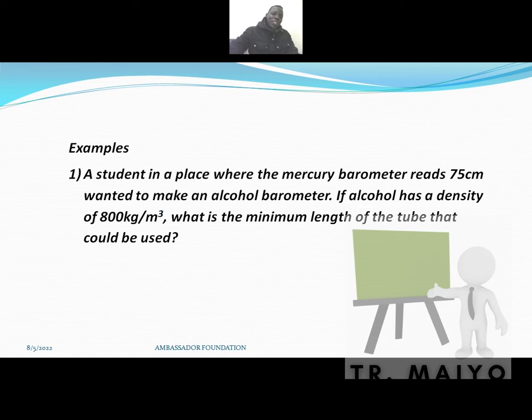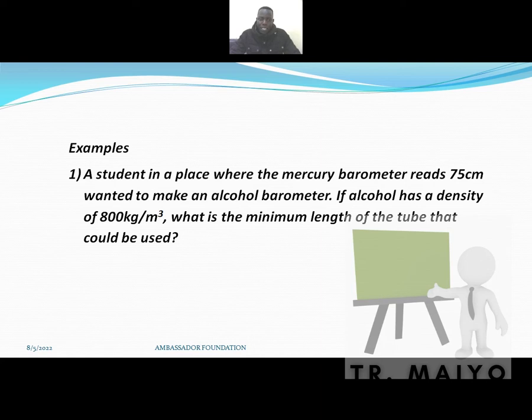And because there was no mercury and any other liquid can function, that person decided that before this alcohol finds another use, let me use it to construct a barometer. Now it's called an alcoholic barometer. It's no longer mercury.